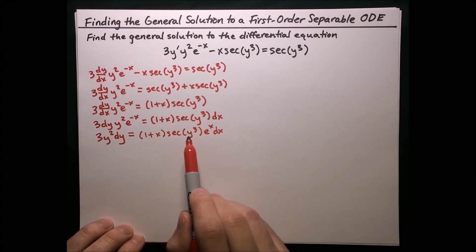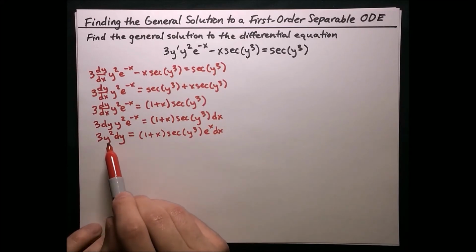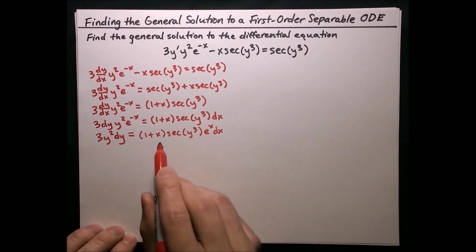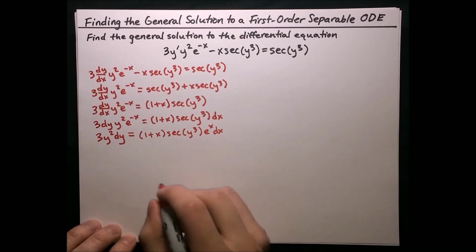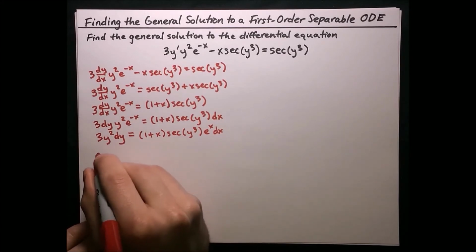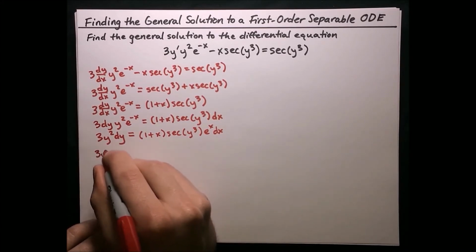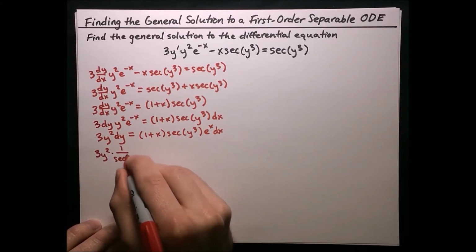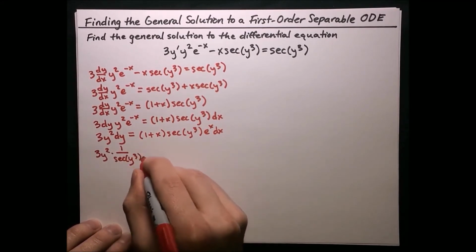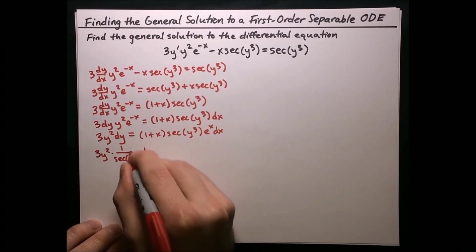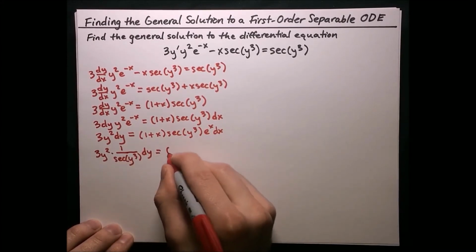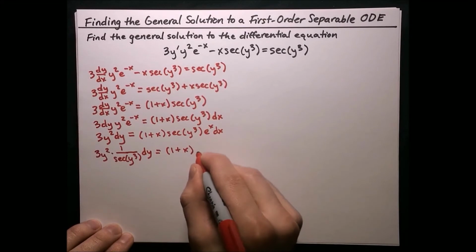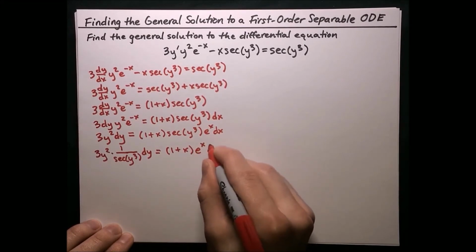So let's get that term over to the left-hand side where all the y's are. So we'll just divide both sides by secant, and we'll get 3y squared times 1 over secant y cubed dy is equal to 1 plus x e to the x dx.